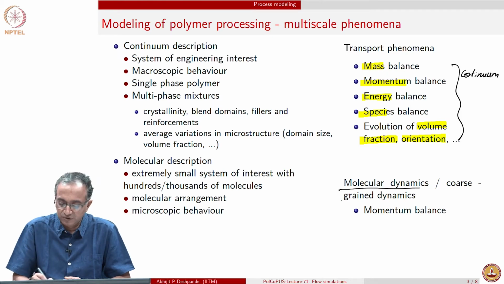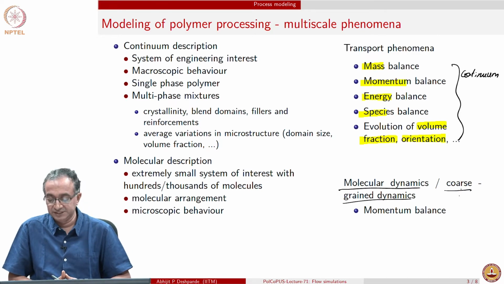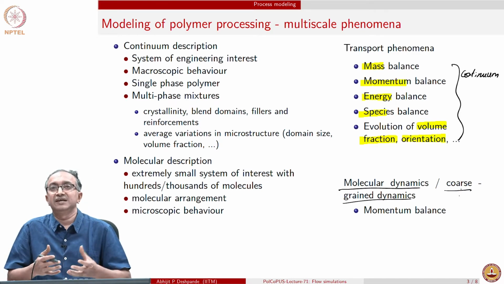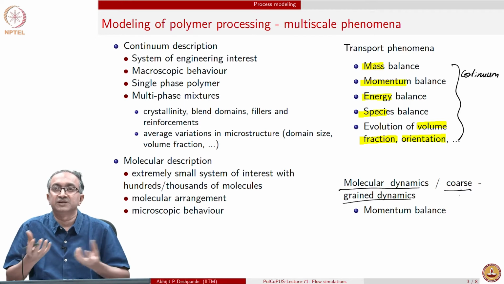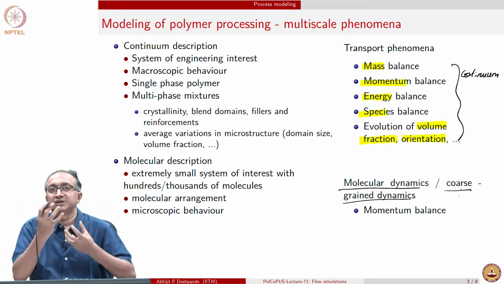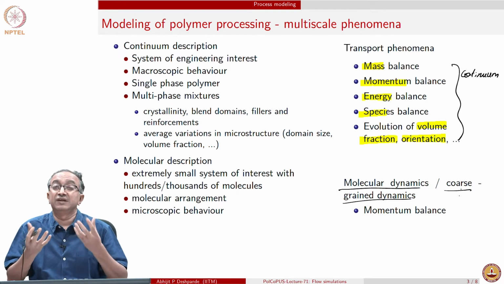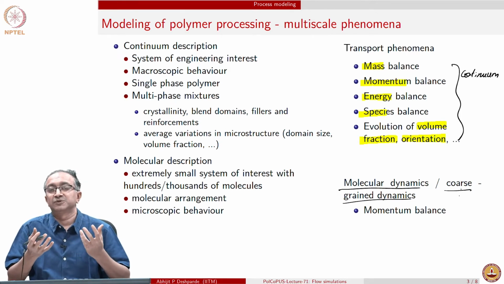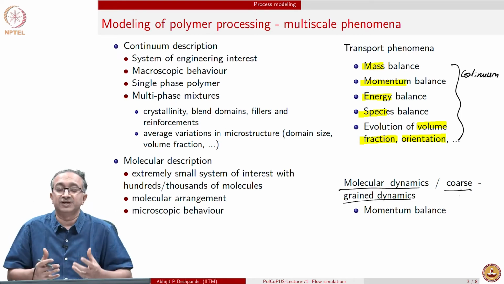On the other hand, we could also do molecular simulations or coarse-grained dynamic simulations, in which case basically it is the second law of motion. Only the momentum balance between all these atoms and molecules which are going around; they interact with each other and keep on changing their position, and their velocity also keeps on getting adjusted.